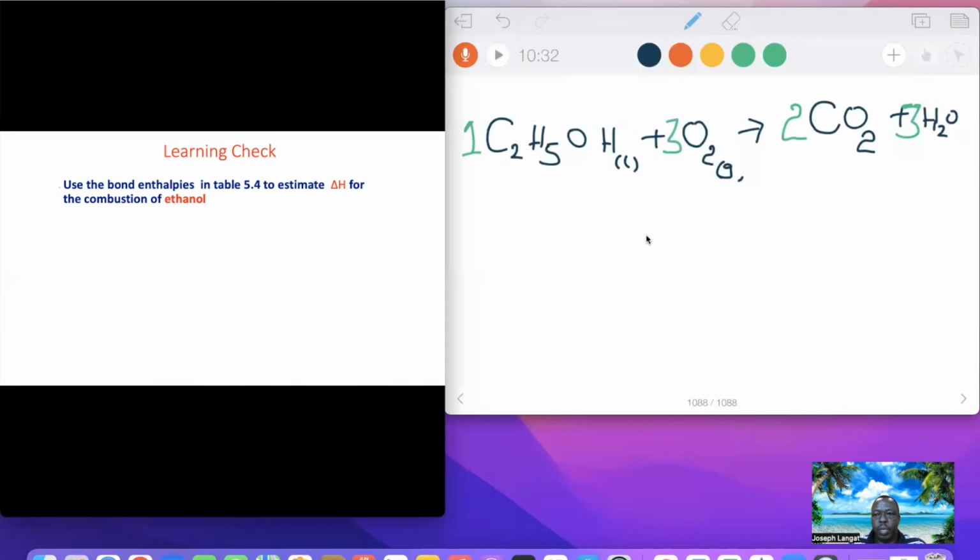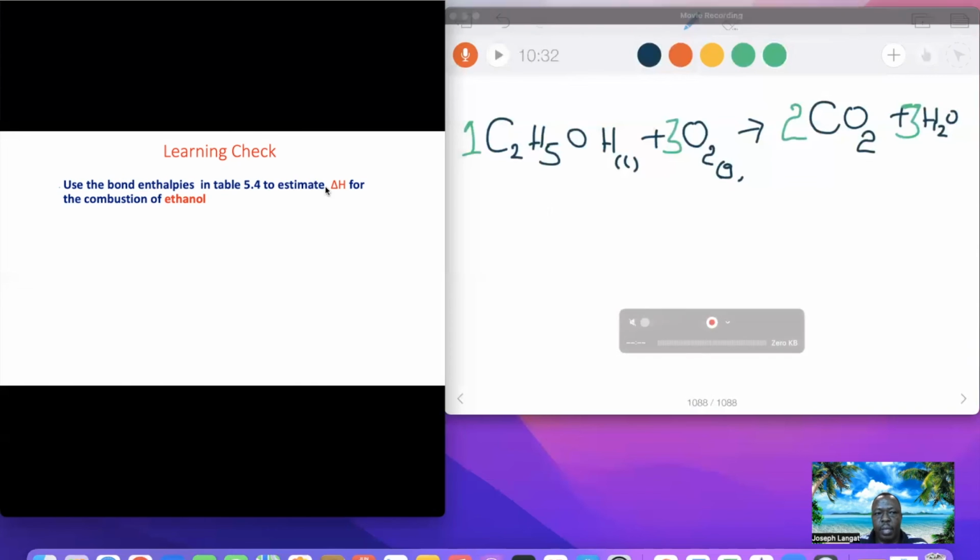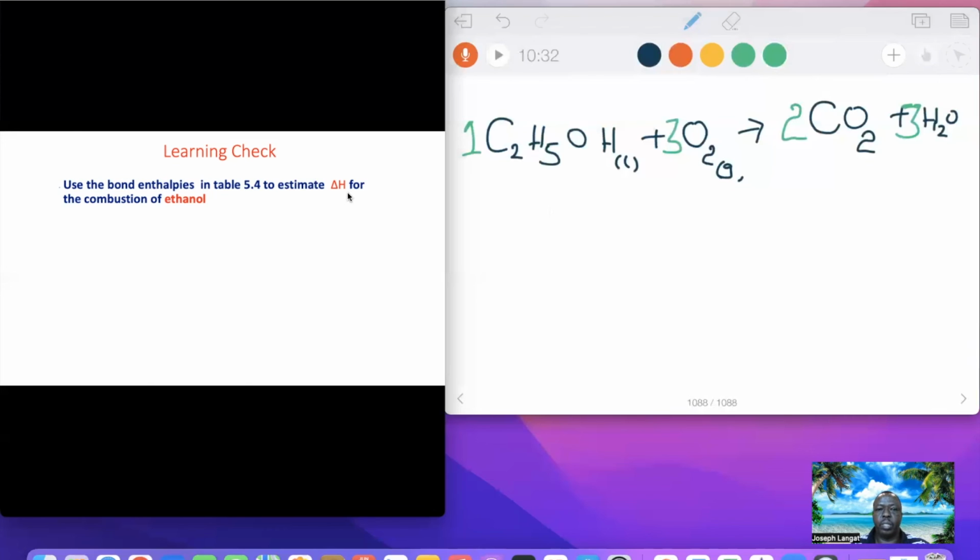This will not really help us in estimating the change in enthalpy. We need to know the bonds. So here, this is the structure.